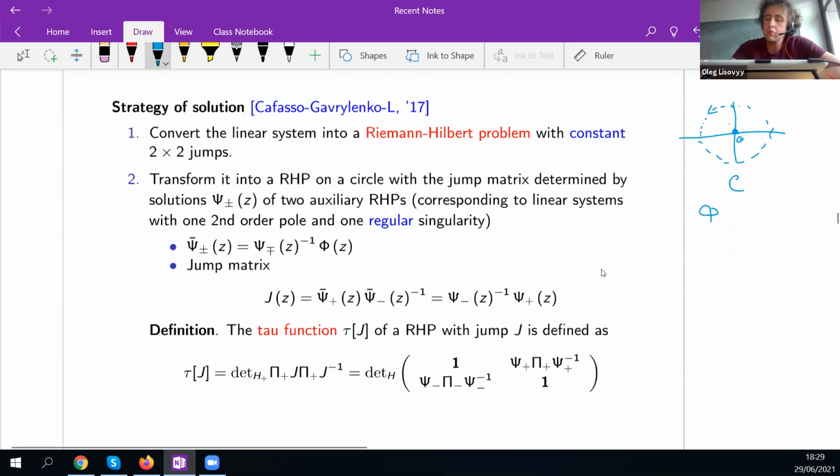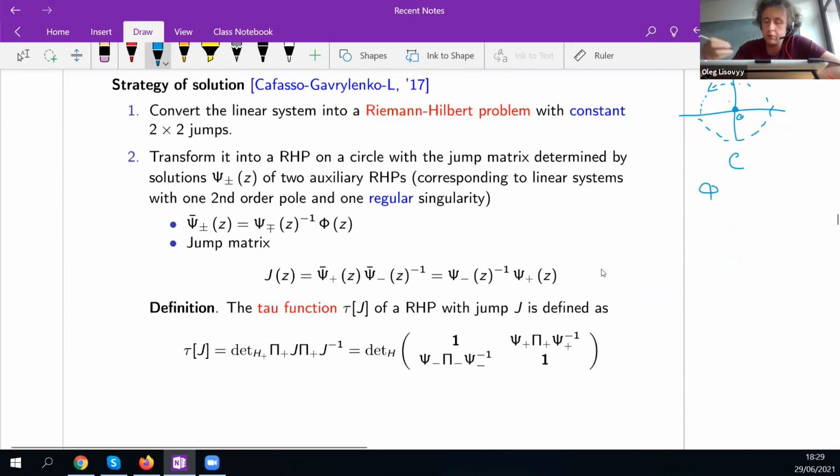So now we can, using these auxiliary solutions, which are supposed to mimic the behavior of the true solution at irregular singularities, and also reproduce the monodromy of the actual fundamental solution along this circle.